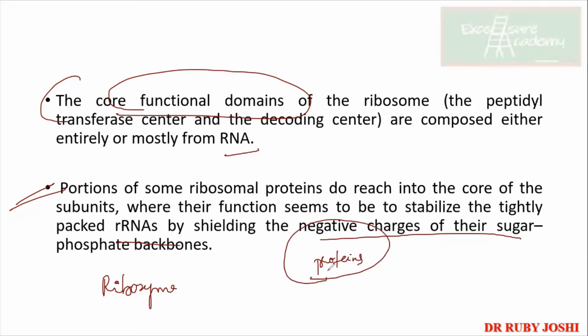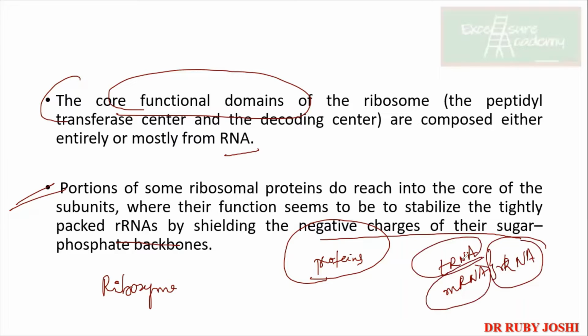One of the main reasons is that we are going to bring the tRNA as well as the mRNA, right? And then we have the RNAs of the ribosome also. So all three kinds of RNA are coming, and all three are made up of sugar phosphate backbones, right?